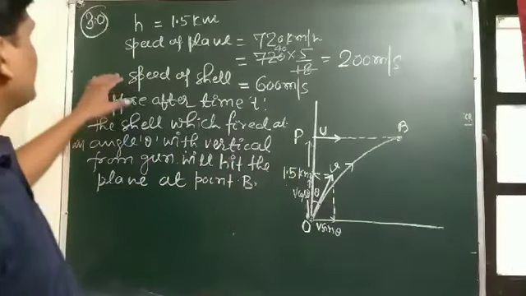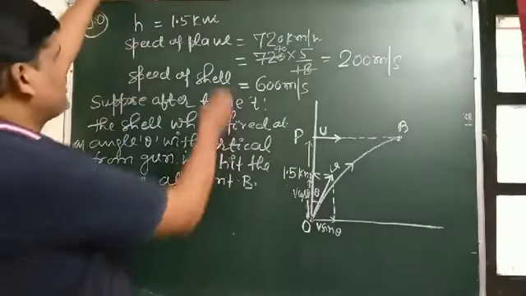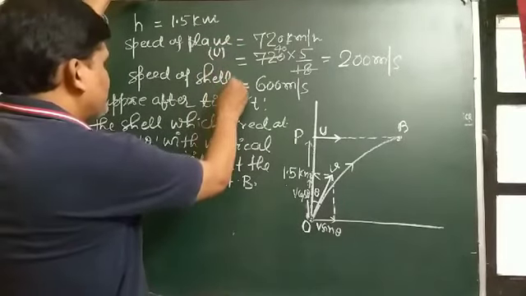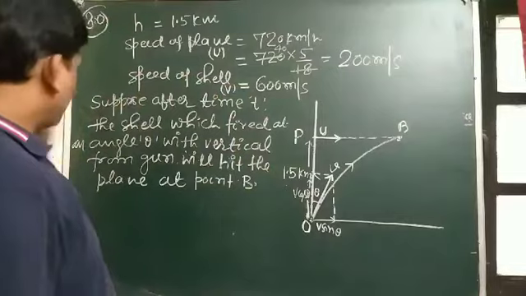So student, the speed of the plane is given as u, and the speed of the shell is given as v.